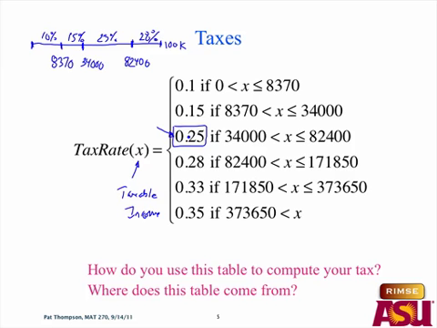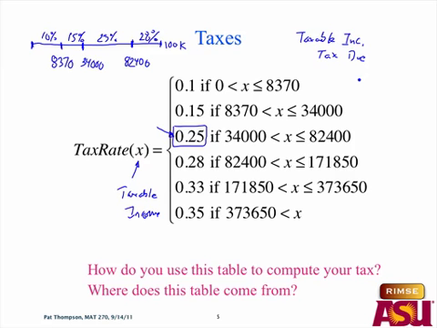It's a change in income. So we've got two quantities, taxable income and tax due. If these are rates of change, they're rates of change of which of those quantities with respect to the other one?